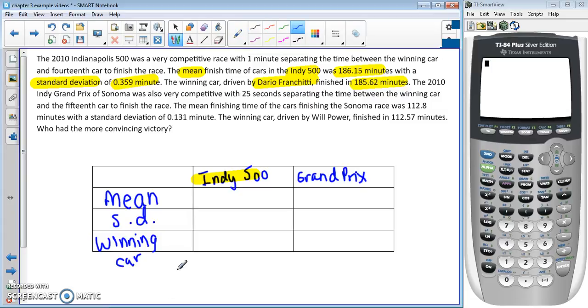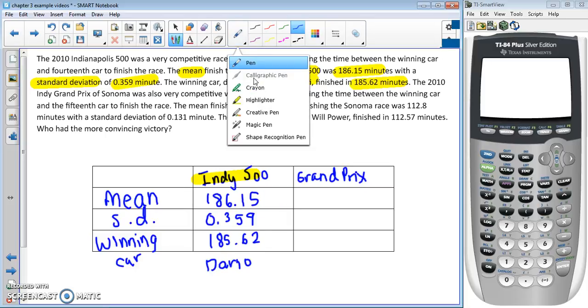So let's fill that into our table here. So our mean is 186.15. Our standard deviation is 0.359. And then our winning car is 185.62. And that is Dario. So I'm going to keep his name down there.